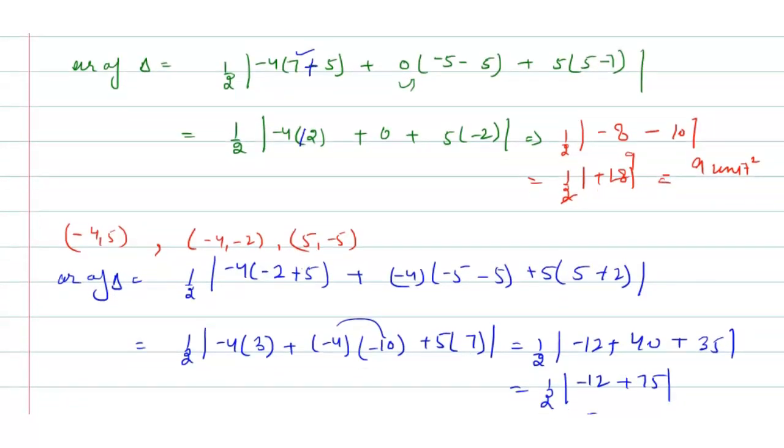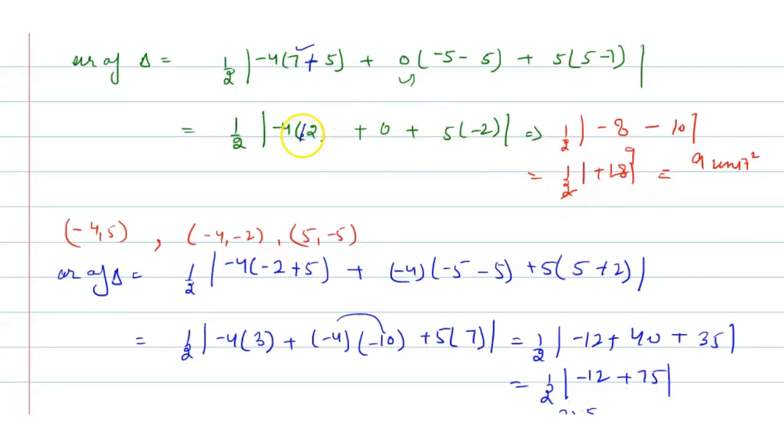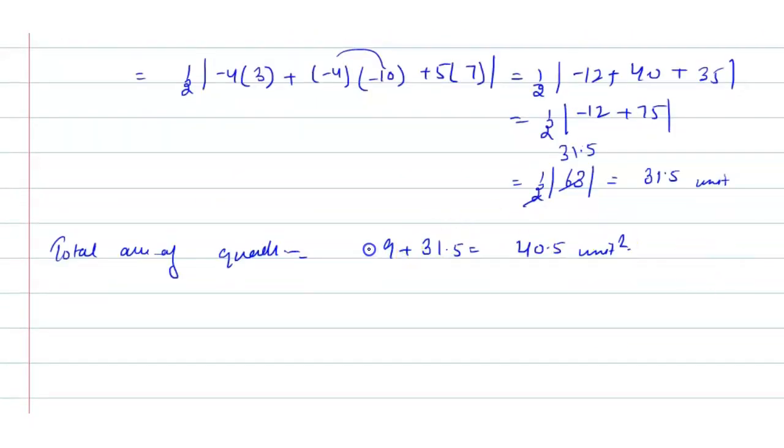Now next, 4 12s are 48 and 48 plus 10 is 58, and 58 divided by 2 is 29. So now the answer is 29 plus 31.5, which is 60.5.